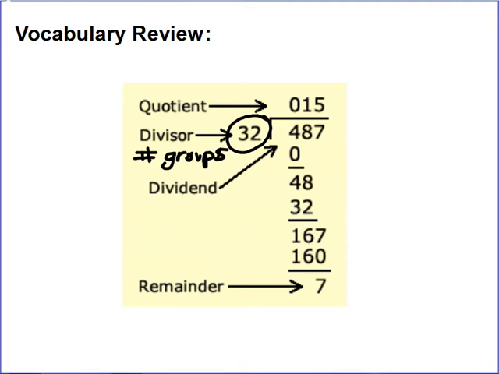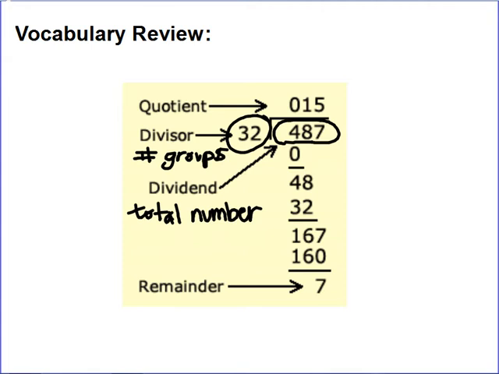The dividend, which is the number on the inside here. What is the dividend? The number. So this is the total number. It's the total. So how many you started with?